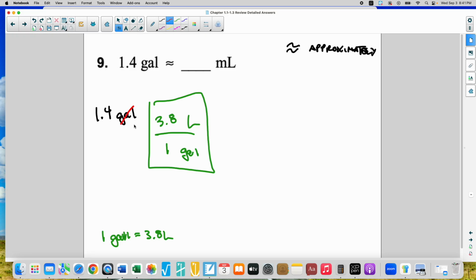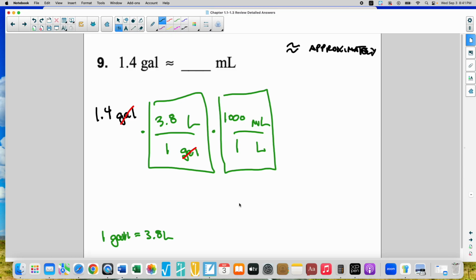We are out of gallons and in liters. We've made it to the metric system. And now I want to go from liters to milliliters. So milli again is going to be 1,000 milliliters equals 1 liter. So we have 1.4 times 3.8 times 1,000.